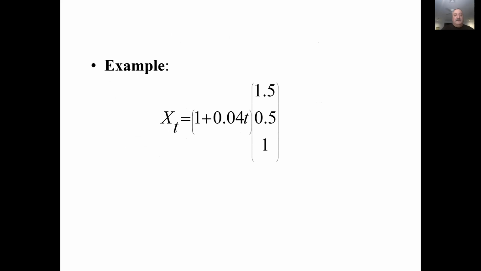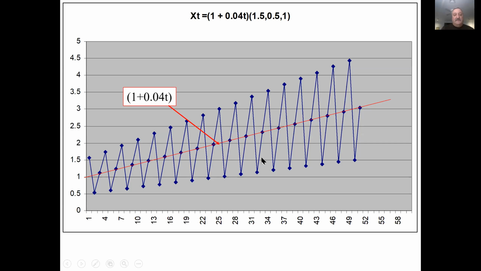This would be an example of a model you'd get if you had 3 periods, or 3 seasons, in your time series: an intercept, a slope, and then depending on which month it is, you multiply by one of these adjustment factors. For example, in a time series that looked like this, first you'll notice there's an overall trend, my intercept plus my slope. And then there's a seasonal term. For the season that has the high value, the peak, it differs from the trend line by a factor of 1.5, or 150%.